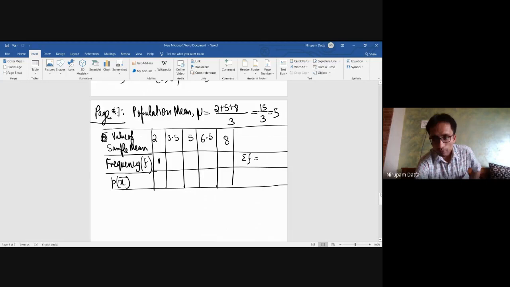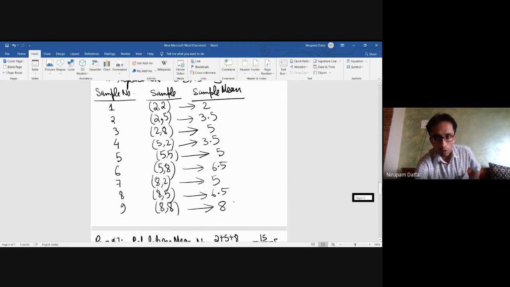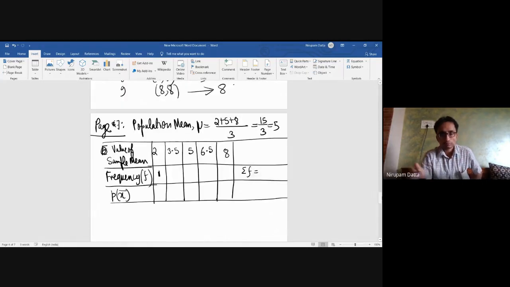How many times is 3.5 appearing? 1, 2. 2 times. 6.5, 8.